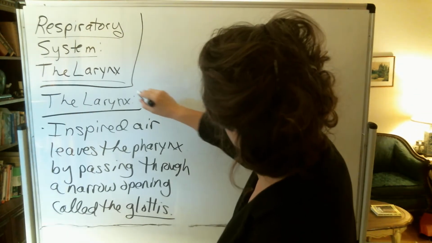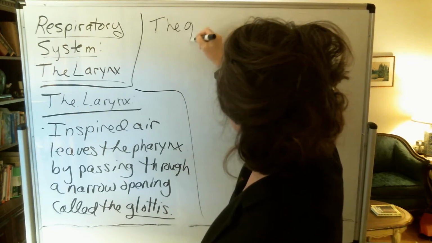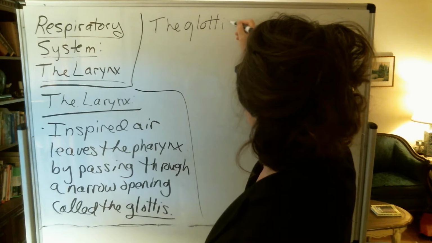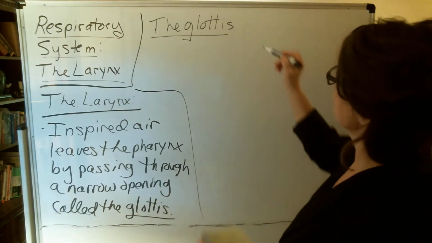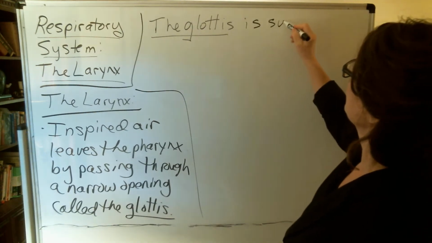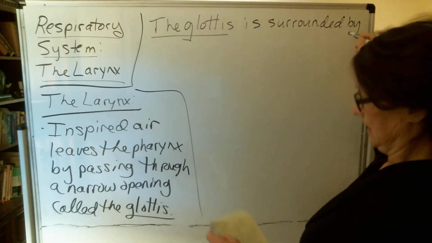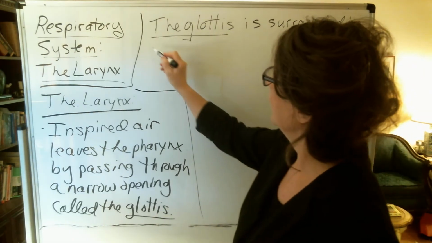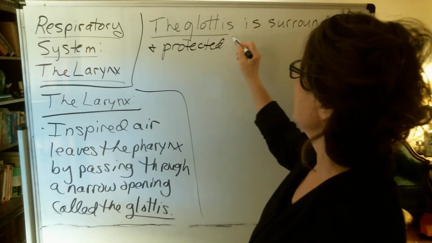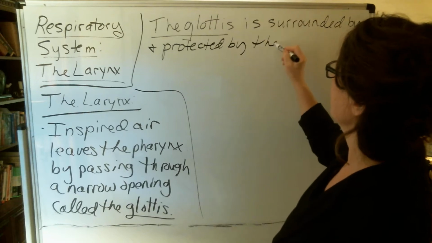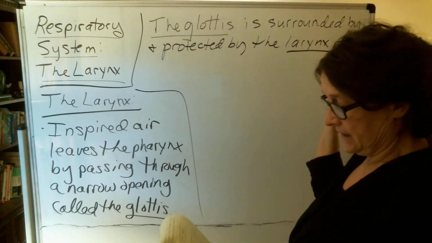So the glottis, which is the opening itself, is surrounded by and protected by the larynx.